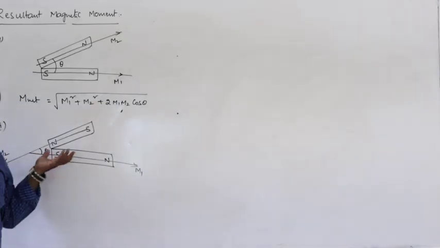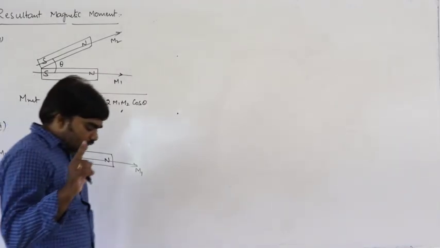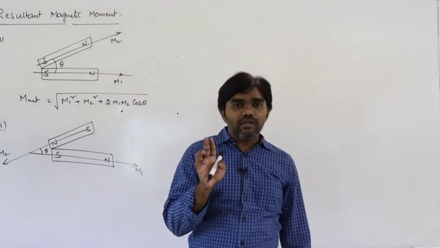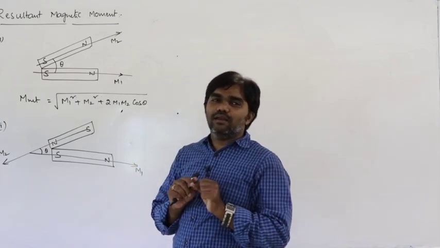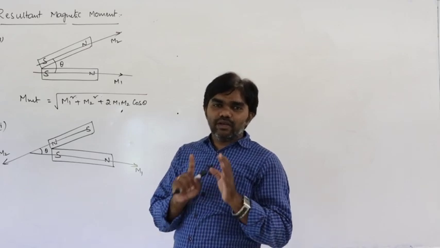But what is the actual angle between two magnets, two magnetic moments? The angle between two vectors always must be measured between two initial points only, not between one initial point and one final point. It's very important.